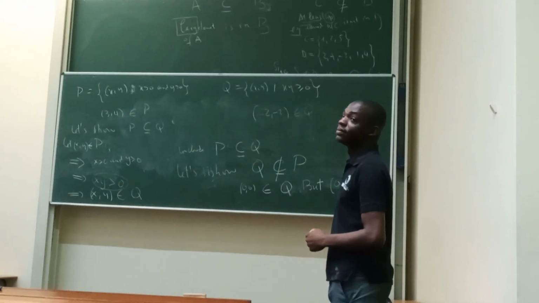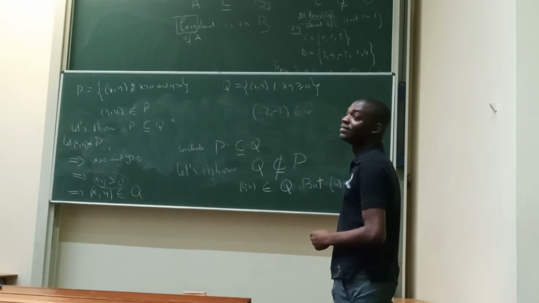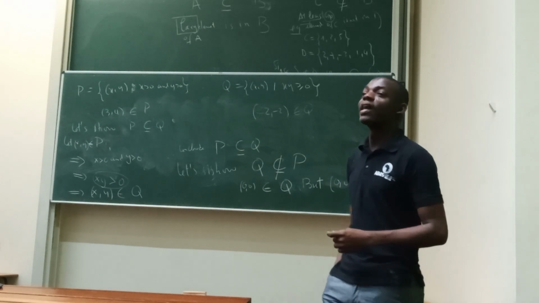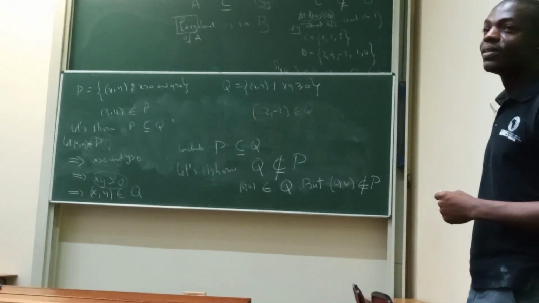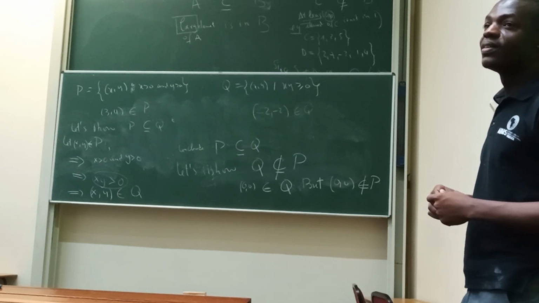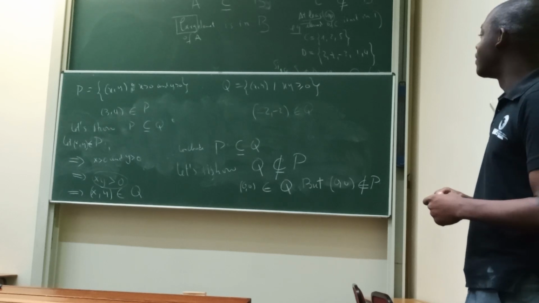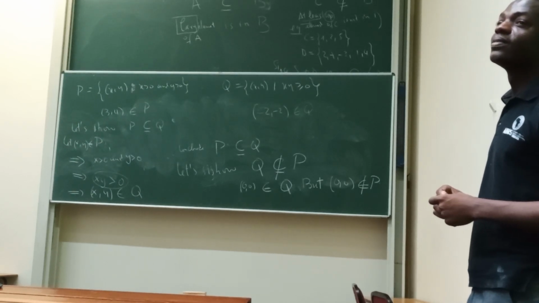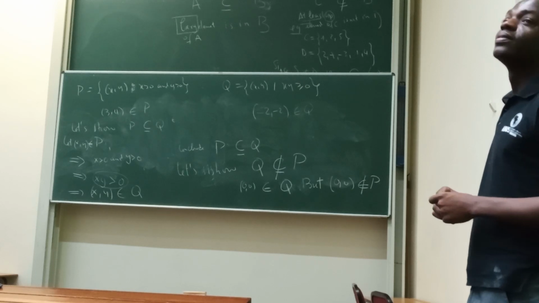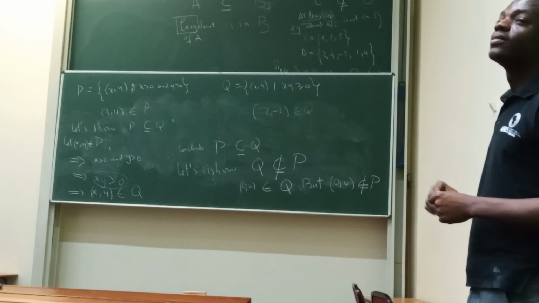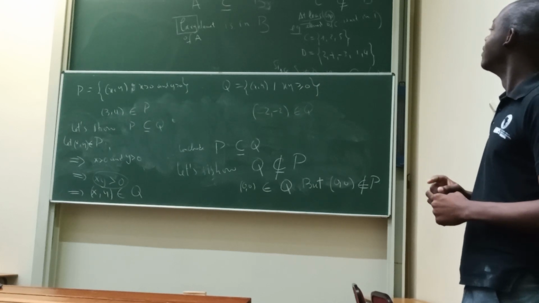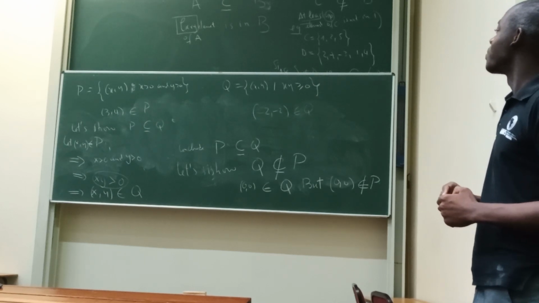You understand? At the back, you understand? Can you give me another example? If you understand, can you give me another example? Yes, you. Make x minus 1 and y minus 2.